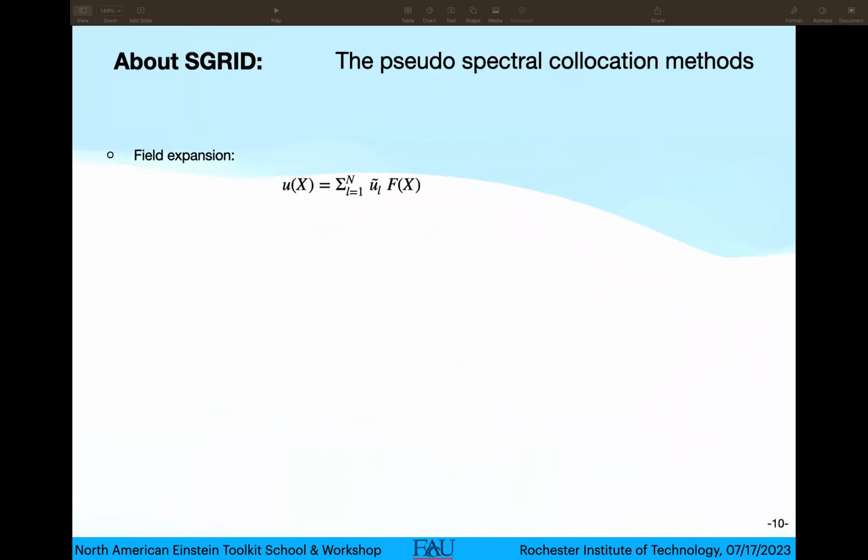So sgrid is a pseudospectral code. We operate on some fields. Let's assume this is the field U. In our binary neutron star initial data case, we had a conformal factor, we had lapse and shift. In this case, let's just think about this field as a general field U. And what is necessary to do is to expand this field in some basis.